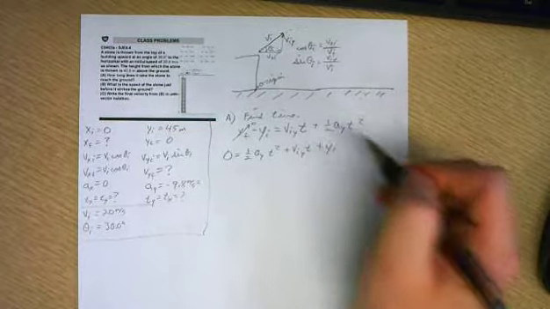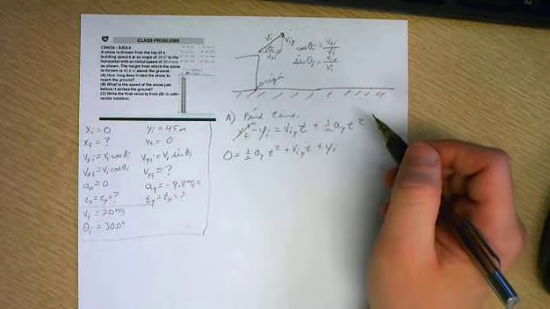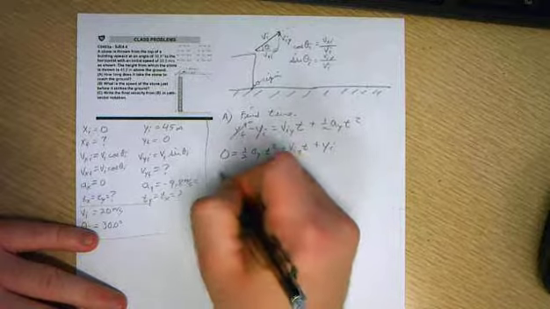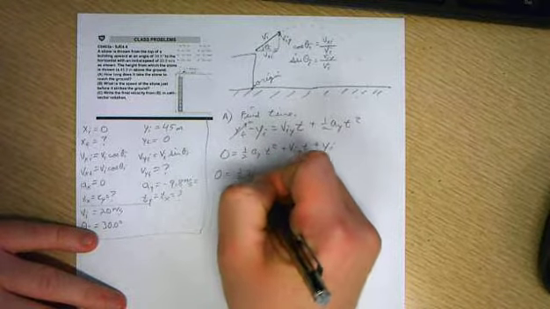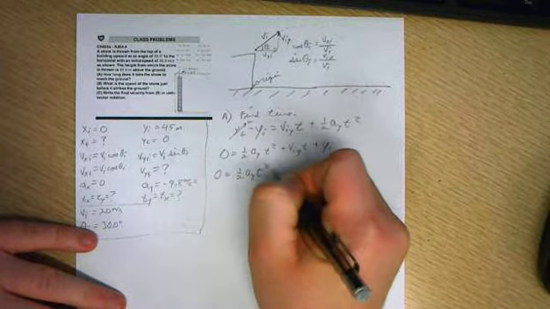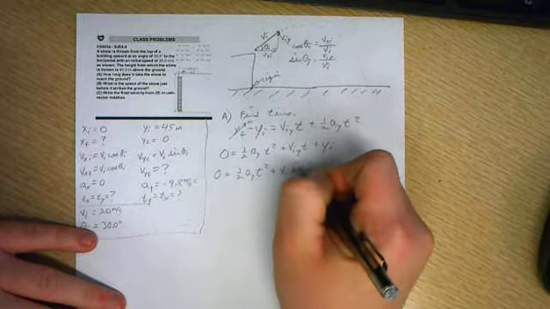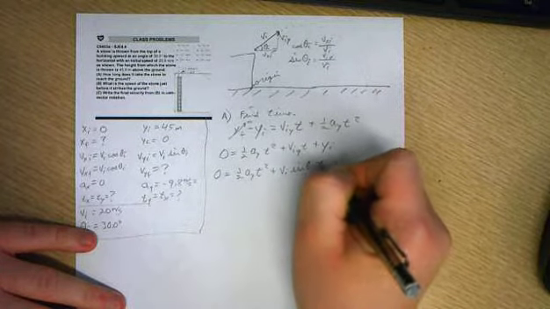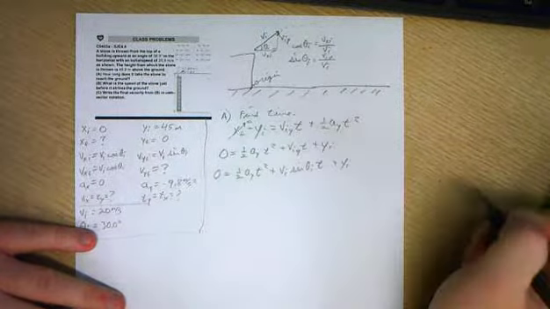We could solve for the final velocity first and then do a two-step deal, or we could just solve outright using the quadratic formula. Either way. There's one substitution I need to make. I need to put this in for Viy. So 0 equals 1/2 Ay t squared plus Vi sine theta I t plus y initial.